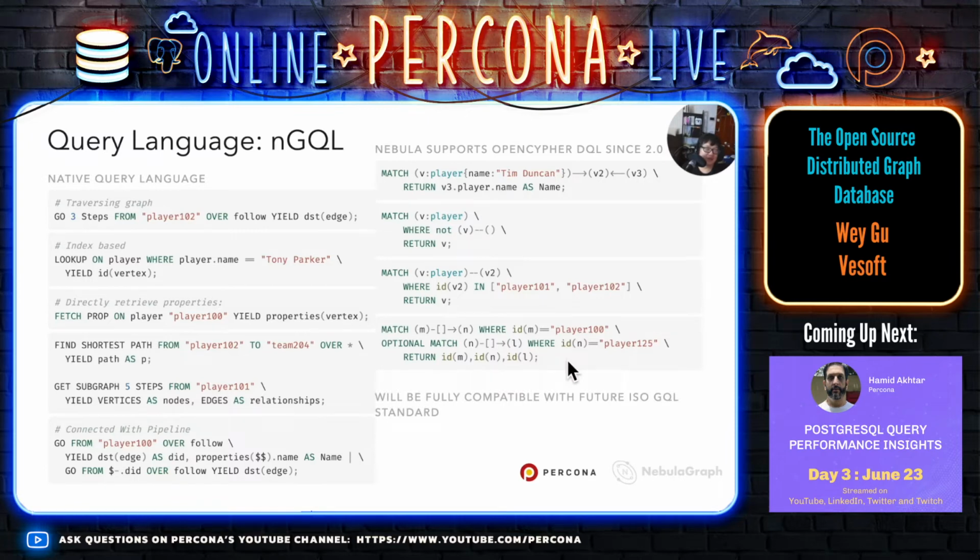Some of you may already know that there is a standards organization working on the ISO GQL standard, and there is already a draft, but no vendor supports it yet, and Nebula Graph is working on that. So in the next major release of Nebula Graph, we will be fully compatible with the future ISO GQL, the graph query language, as well. So that's all of the query language part.